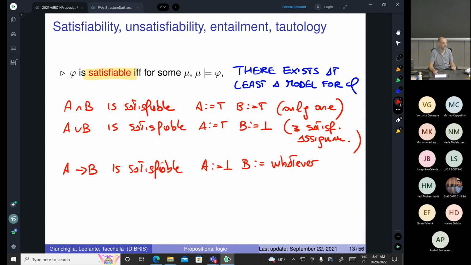Once A is false, B can be either true or false, and this will be satisfied, and so on. Using the rules we have seen for semantics, you can build up satisfiability.